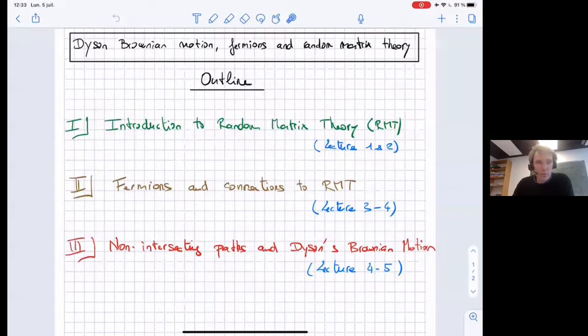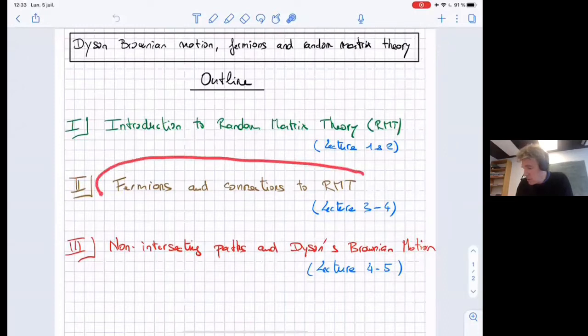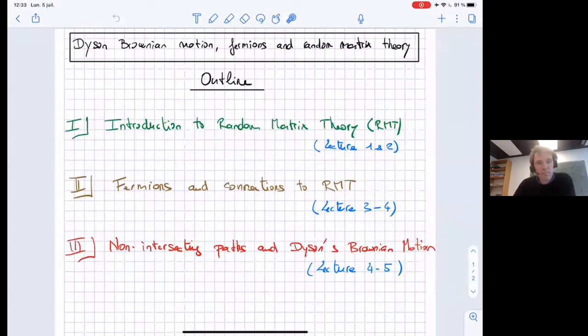I will try to stay quite elementary, and show you that fermions have very nice applications and very natural connections to random matrix theory, and that this also sheds light on how to understand random matrix theory from a more physical point of view, maybe. That will be lectures 3 and 4. We will see how it goes, but that's what I have in mind.